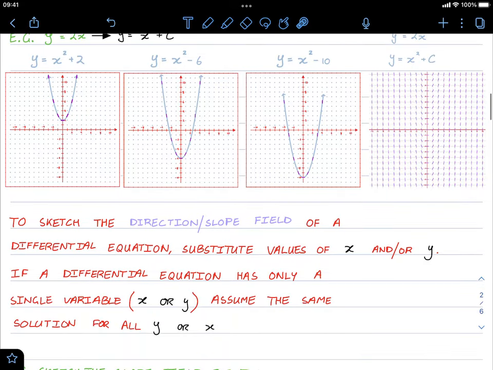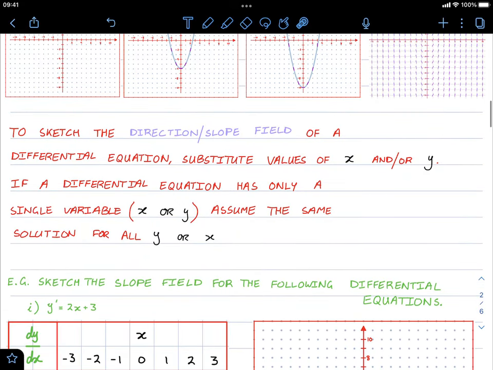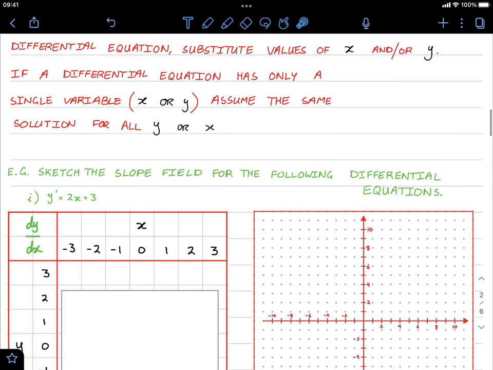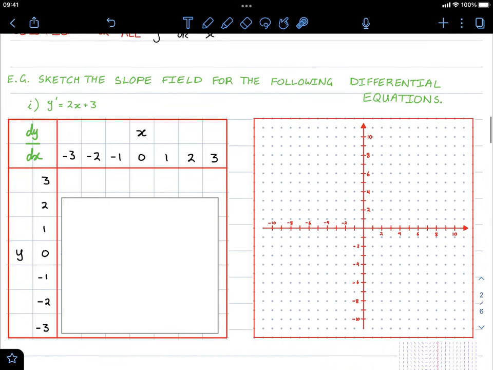To sketch the slope field of a differential equation, we simply substitute values of x and or y. If a differential equation has only a single variable, x or y, we assume the same solution for all y or x.